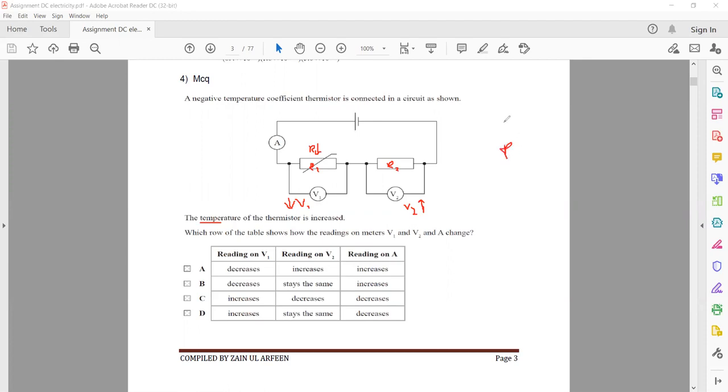The resistance of the thermistor is changing, the fixed resistor is constant, so the combined resistance is R1 plus R2. The value of R1 is decreasing, so the combined resistance will also decrease. If the combined resistance decreases, the current will increase. So A is the right answer: the value of V1 will decrease, the value of V2 will increase, and the reading of the ammeter will also increase as the total resistance of the circuit decreases.